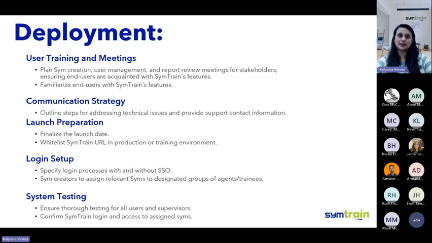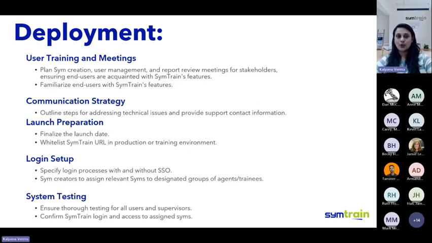Then your agents, trainees, and all the users will receive an email from support@symtrain.com along with the credentials, username, password, and the URL which will redirect them to the login page, and they will be asked to reset their password.